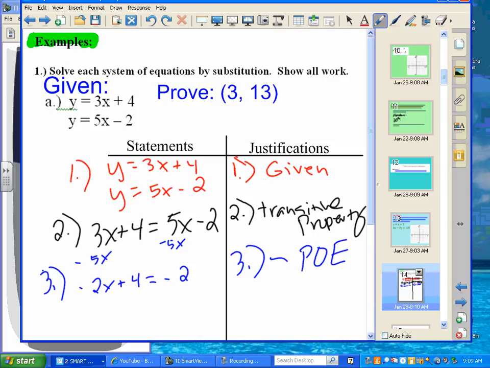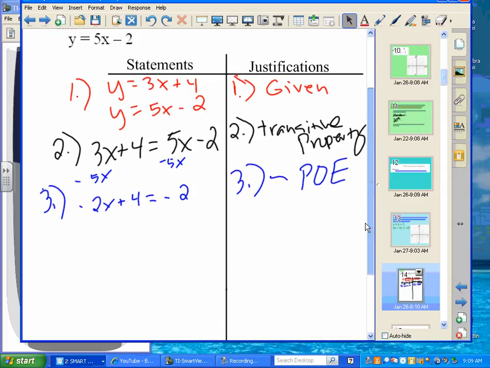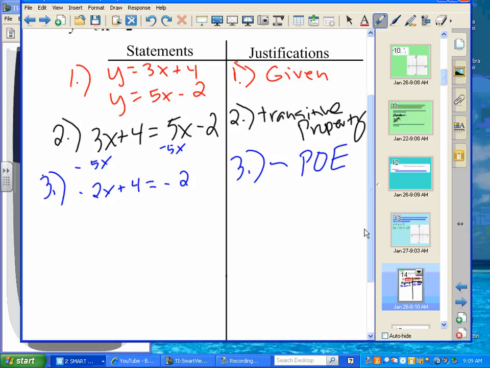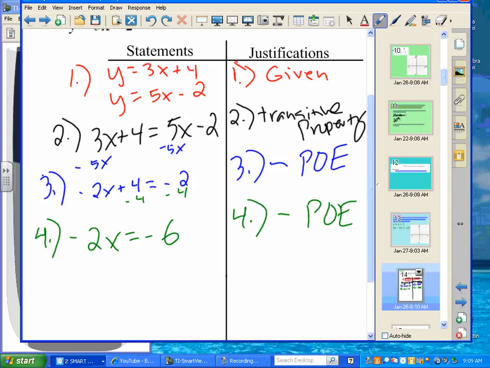Okay, Garrett, next step. Where do we want to move now? Good. So we now need to move the 4 to the other side. You're going to subtract it. So we have negative 2x equals negative 6. This would also be a subtraction property of equality. You are subtracting it from both sides.